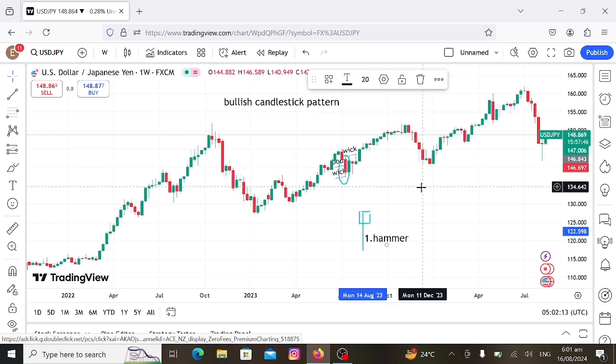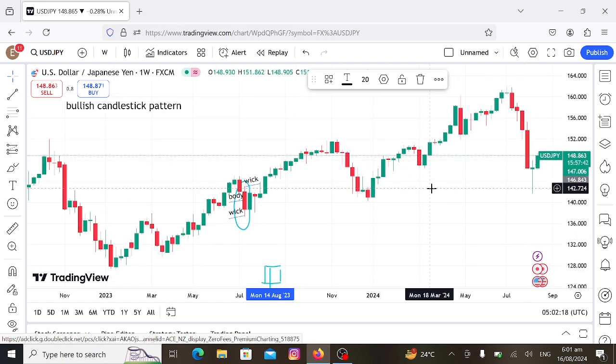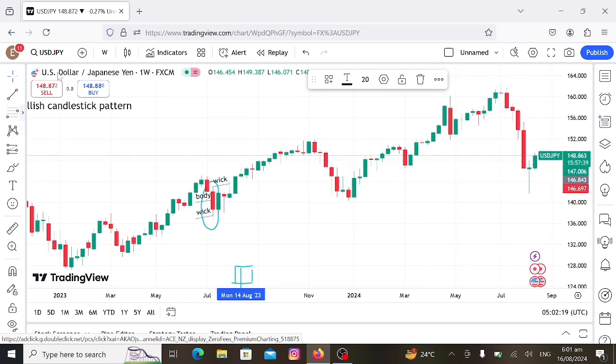So let us spot a hammer from this live chart immediately. This is USDJPY on a weekly time frame.